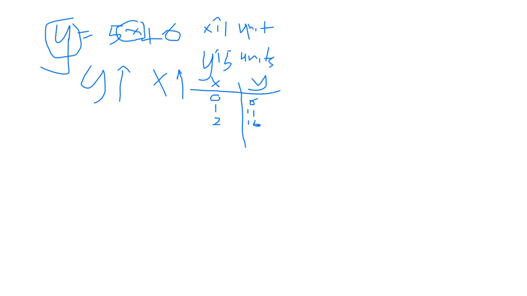When x is 3, y is 21. When x is 4, y is 26. So you realize that anytime I increase x by 1 unit, y always increases by 5 units. Can you notice that? Yes, sir, we can.